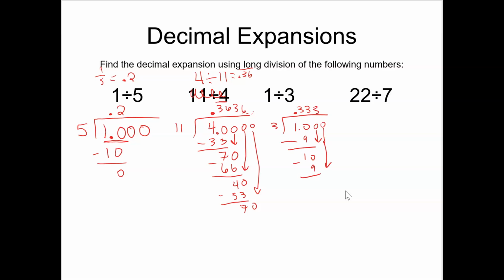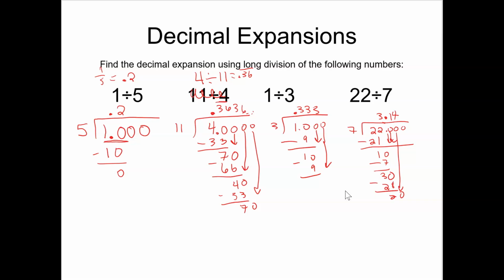Now, if you were to do 22 divided by 7, 7 does go into 22, so you might get excited. That's 3, 21. And you get 1, bring down the 0, and 10, so 7. You get 3, bring down the 0, you get 30. 7 goes into 30 4 times, so you get 28, 2, 20.